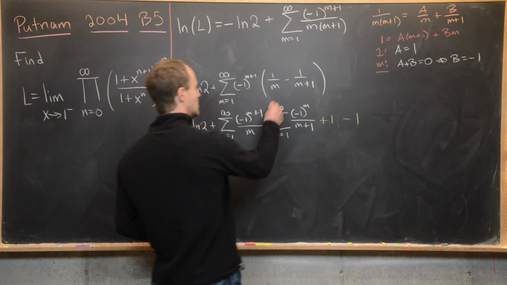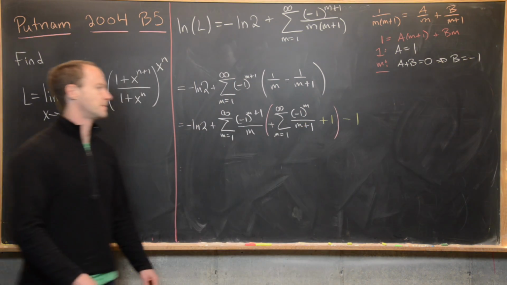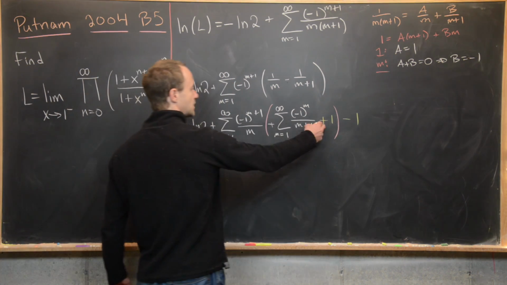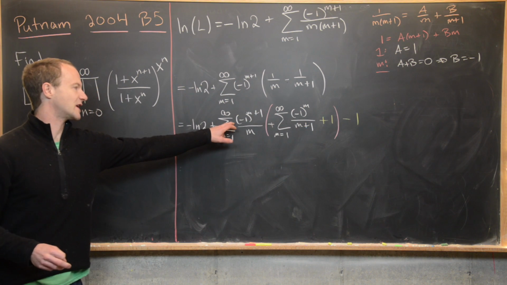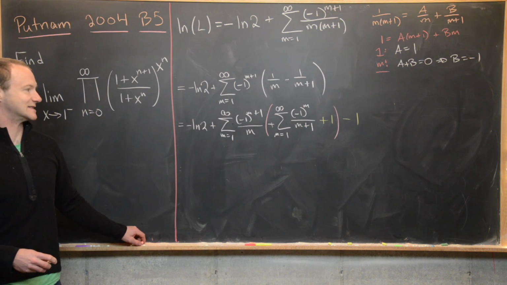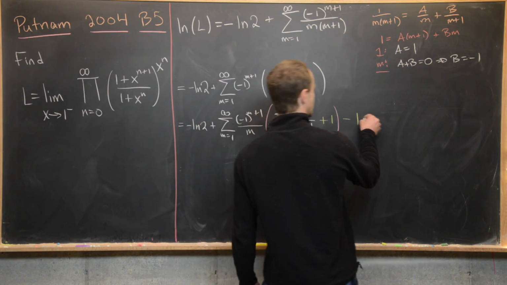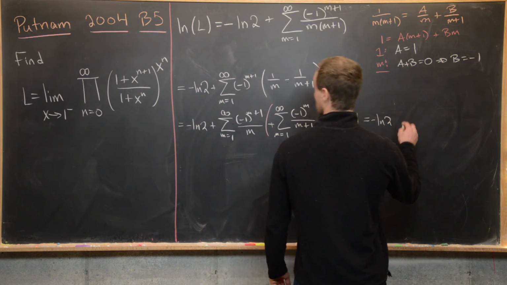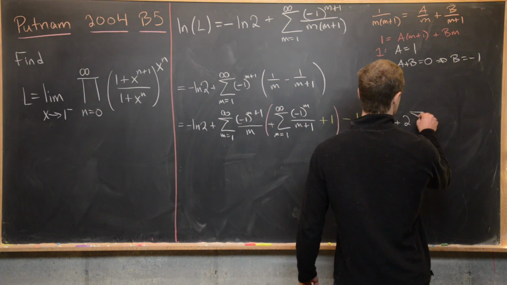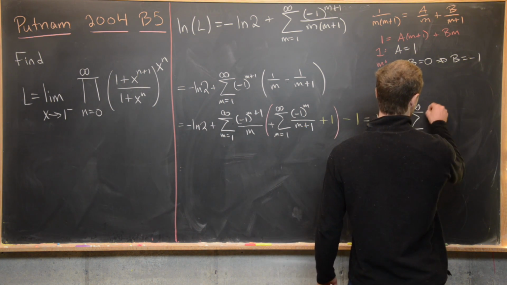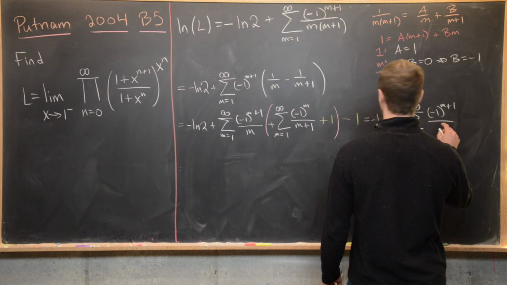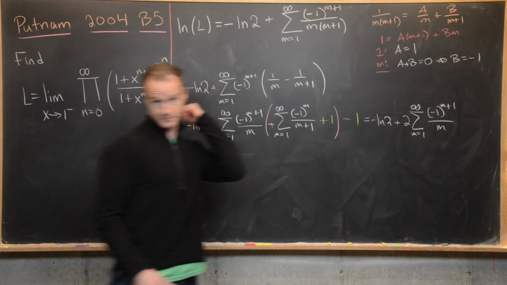We can group these two together and then put this plus 1 into this sum, and we will gain this first sum exactly. So that's going to leave us with minus natural log of 2 plus 2 times this sum as m goes from 1 to infinity of (-1)^(m+1) all over m, like that.